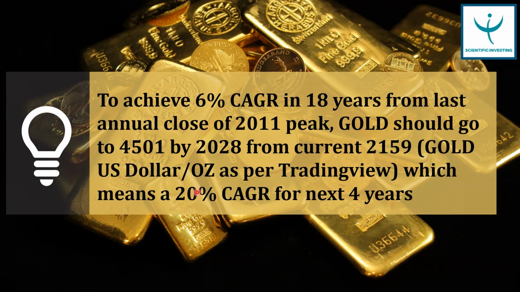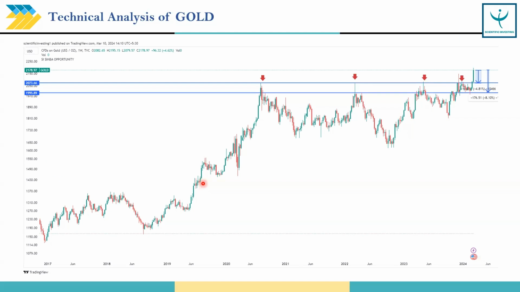I don't know if it will happen or not. But if I have to find a reason why it could play out, based on reversion to mean, based on the average asset class return, based on whether the rupee continues to depreciate, all of that, this might look like a possibility. Whether it will be 5%, 10%, 15%, I don't know. But if all of this plays out, this is what is possible.